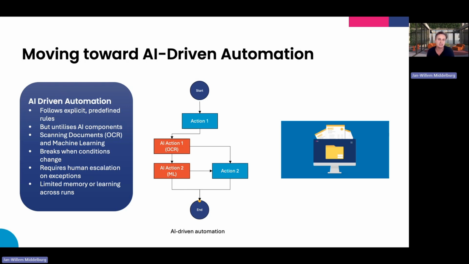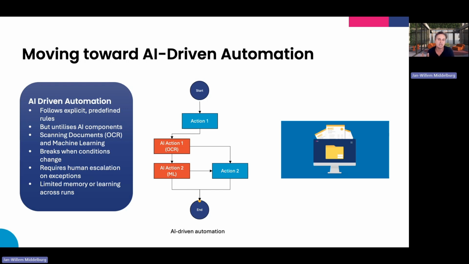Other examples in this domain are automated language translation, translation of documents, and the analysis of images or pictures. All of this, these more advanced workflows, are very useful, but they are still using AI as a single component within the larger ecosystem.